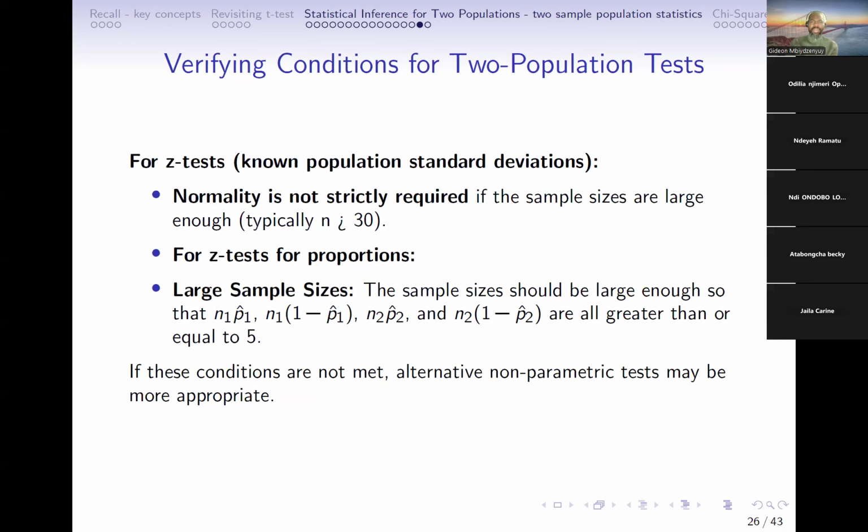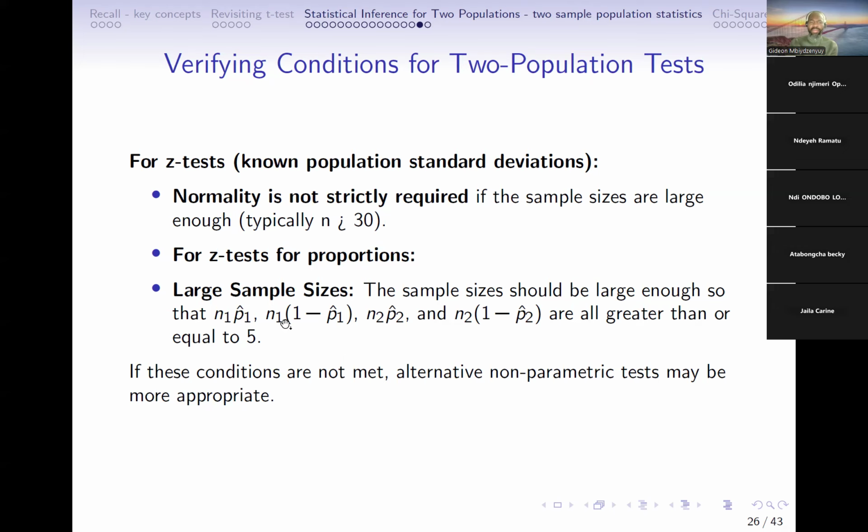So the conditions for the two population tests: we said that for the Z test with known population standard deviation, we do not strictly require normality as long as we have more than 30 samples.